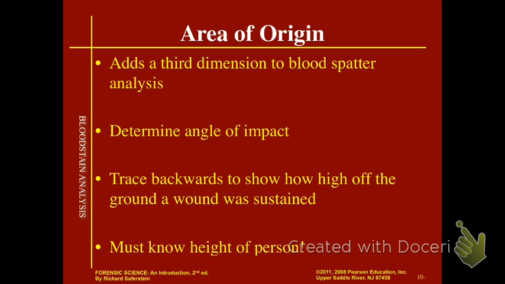It's important to know the height of the person. If you're figuring out where they were wounded, it can be 2 or 3 feet off the ground that a person was wounded. That's going to be a different location on a person's body if they're 5 feet tall versus if they're 6 feet tall.